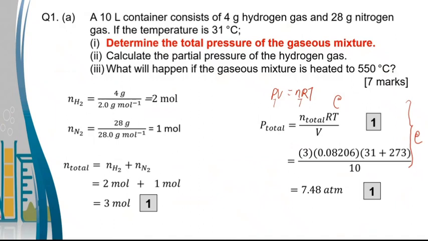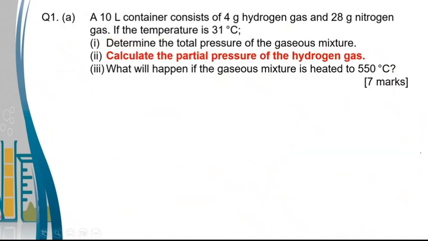Let's proceed to second part. Calculate the partial pressure of the hydrogen gas. Since we have already got the total pressure, we can use the mole fraction of hydrogen gas to obtain the partial pressure.